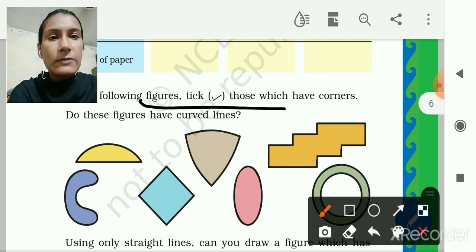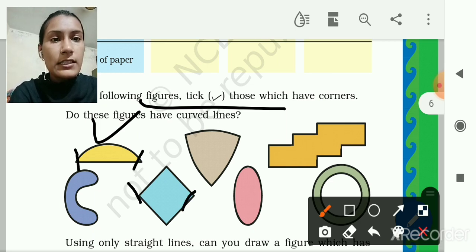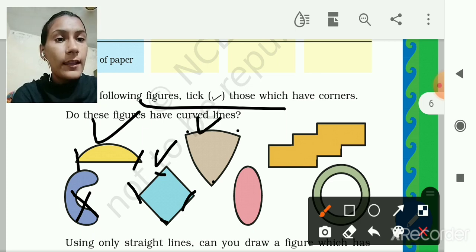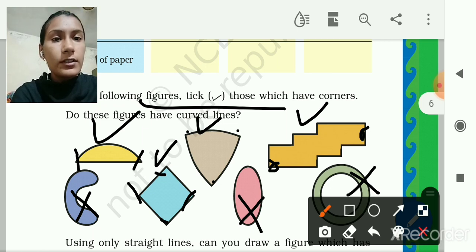You can see this figure, and this figure also has corners. Here no corners. Then in this figure you can see 3 corners, so tick this figure. Here no corners, here also no corners. Then here you can see a corner. So you can tick these figures in your textbook which have corners.